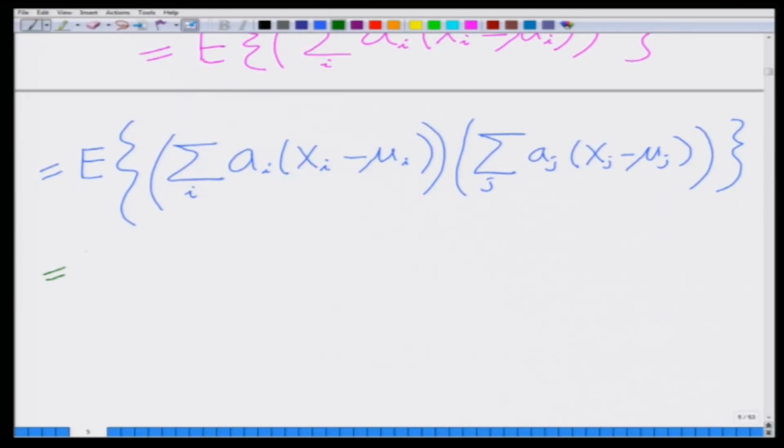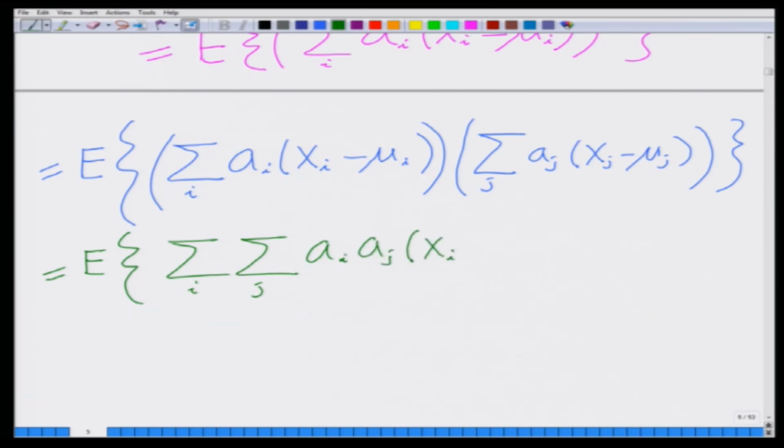This is basically the expected value of summation over i, summation over j, a_i a_j (x_i minus mu_i)(x_j minus mu_j). This is the expected value of this quantity, and now I can split this summation over i, j into two parts.